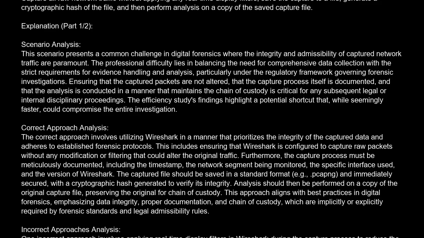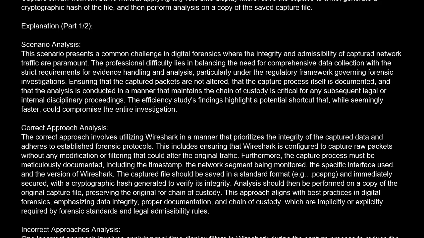This includes ensuring that Wireshark is configured to capture raw packets without any modification or filtering that could alter the original traffic. Furthermore, the capture process must be meticulously documented, including the timestamp, the network segment being monitored, the specific interface used, and the version of Wireshark. The captured file should be saved in a standard format, e.g., PCAP, and immediately secured with a cryptographic hash generated to verify its integrity.